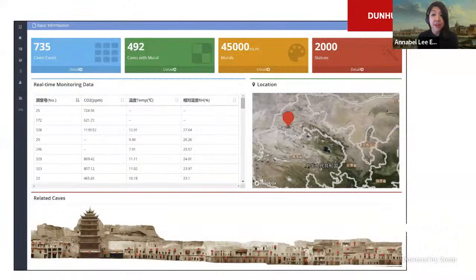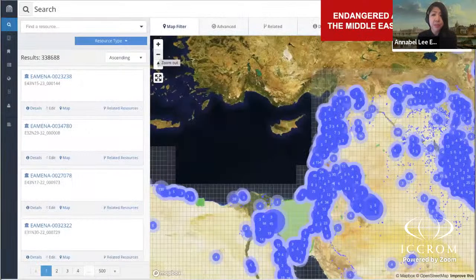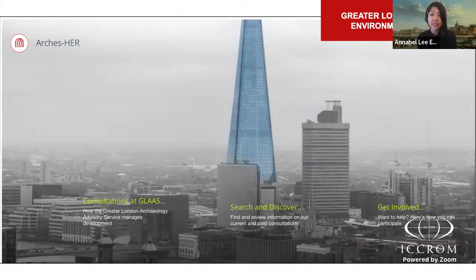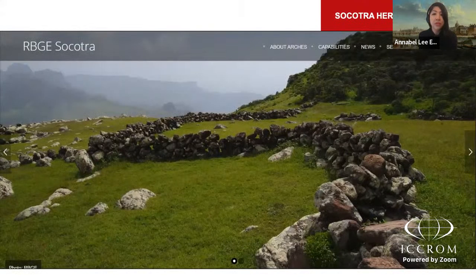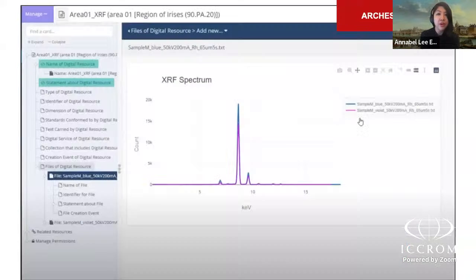For example, monitoring the environmental conditions data of the Mogao Grottoes, creating a 3D repository of historic sites, using satellite imagery to monitor threats to archaeological sites in the Middle East and North Africa, facilitating an archaeological consultations process for Greater London, recording information on tangible and intangible heritage, as well as globally significant biodiversity, serving as the hub of a citizen science crowdsourcing project to monitor the effects of climate change on archaeology in Florida, and even managing and visualizing science data as it pertains to heritage science.